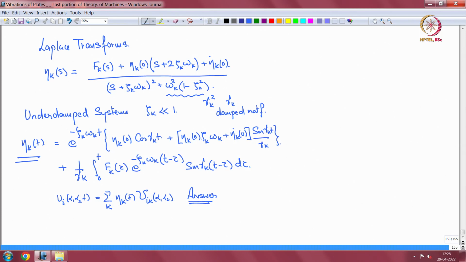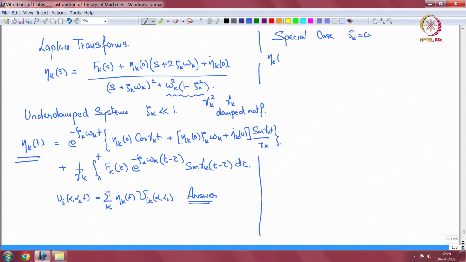The textbook now gives just a special case when the damping is 0, zeta k is 0. Then what do we get?